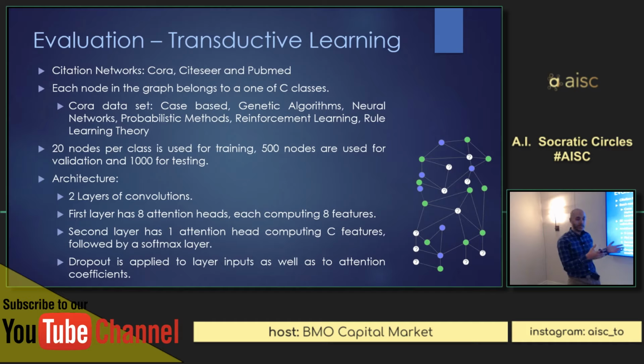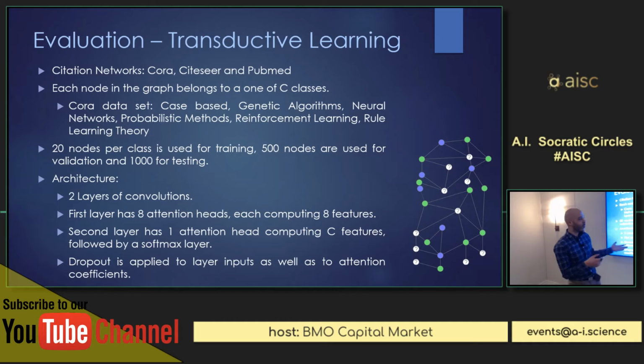The first layer had 8 attention heads, each computing 8 features, so the output of the first layer would be 64 features. The output of the second layer is C features, where C is the number of classes in the citation network, right? And after that, you have a softmax layer, which basically gives you the class of the paper.